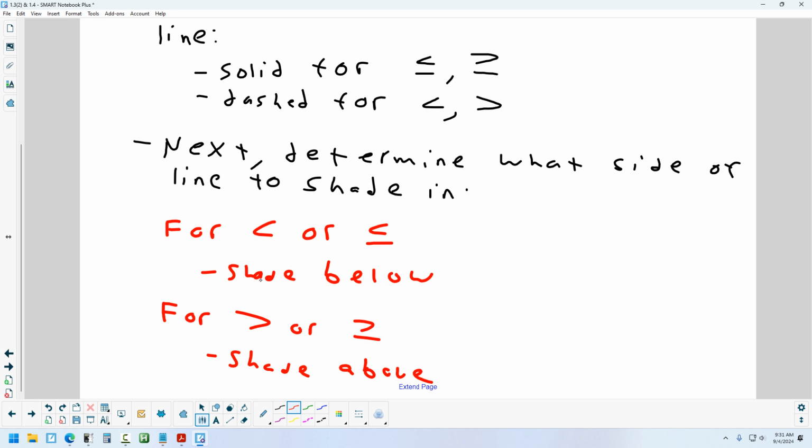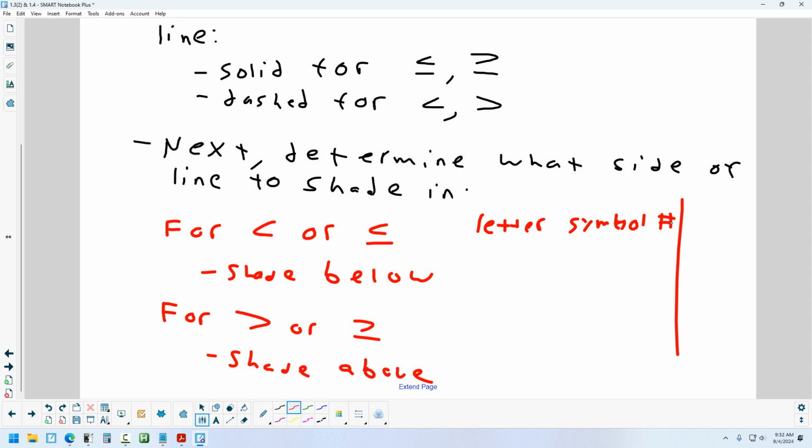What kind of line could you draw on paper where there isn't really an above and a below? Yeah, if you draw something vertical, there isn't really an above and a below. So in that case, you shade in the direction that it's pointing. As long as you always set it up letter, symbol, then number.